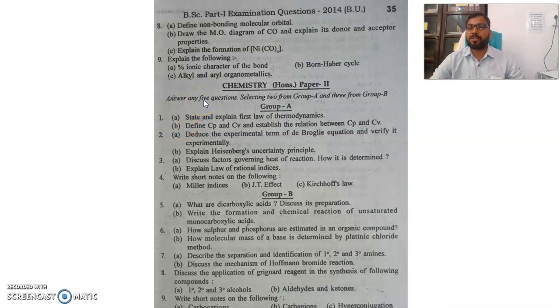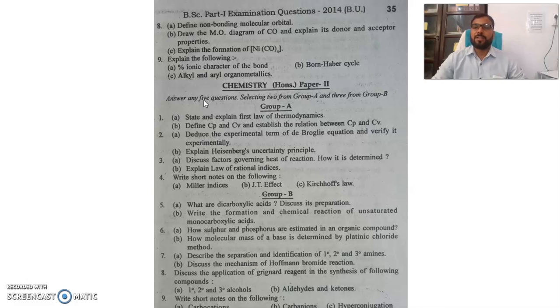State and explain the first law of thermodynamics. Define Cp and Cv and establish the relation between Cp and Cv. Question 2: deduce the de Broglie equation and verify it experimentally. Explain Heisenberg uncertainty principle.